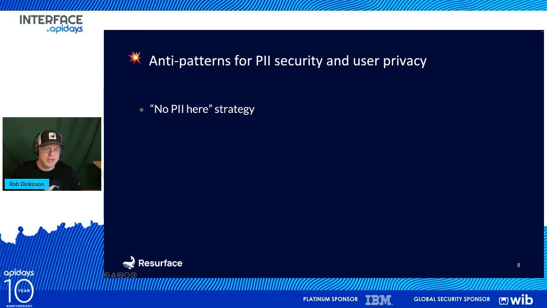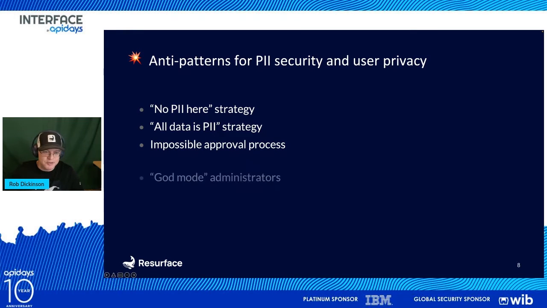IP addresses are PII. Anything that could be fingerprinted is PII. The antithesis of that is a shortcut to thinking where you say, well, we'll treat all data like it's PII. That sounds good, but it's not really very practical. You do have different kinds of data, and that's something you have to look at.